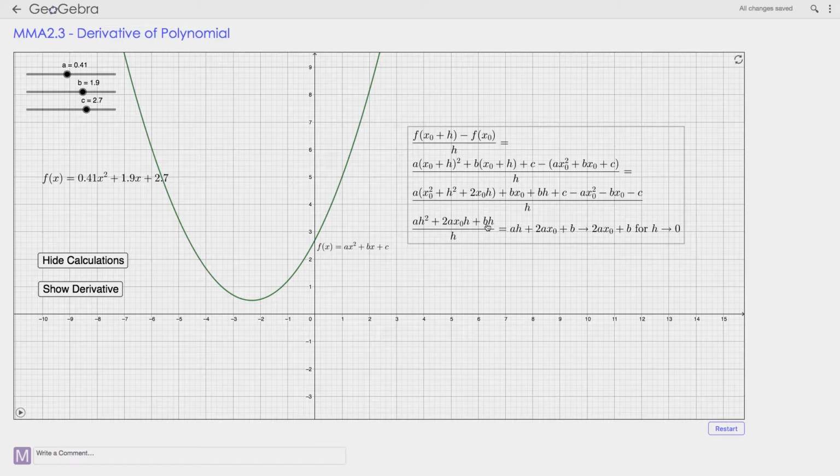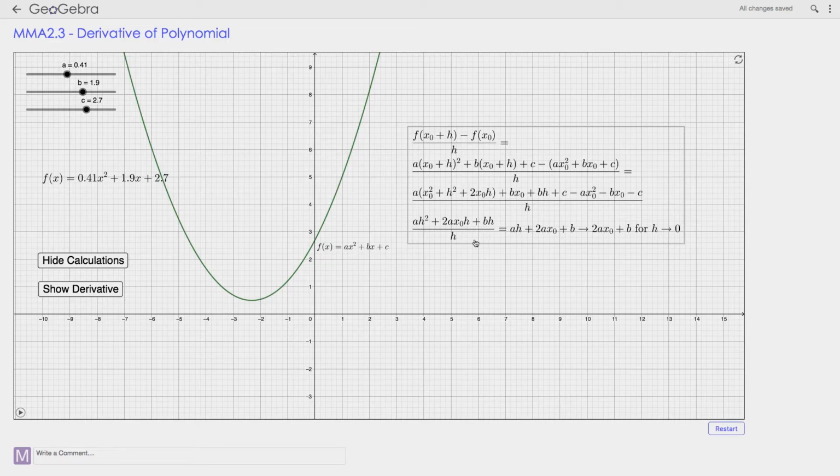But now we can take this fraction and reduce it, because there are h's on top in all the factors. So let's just reduce them. So h squared becomes h, 2ax naught h becomes 2ax naught, and bh just becomes b.